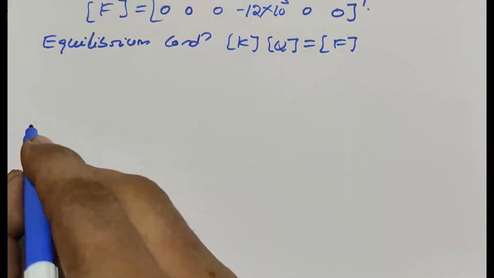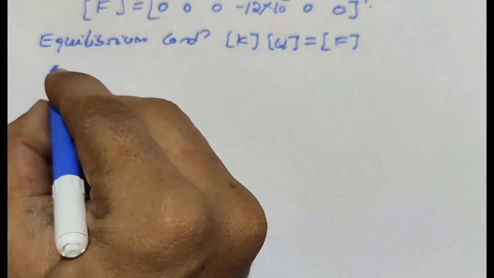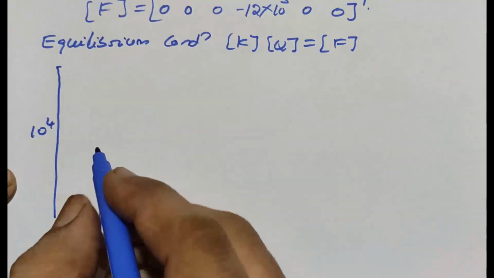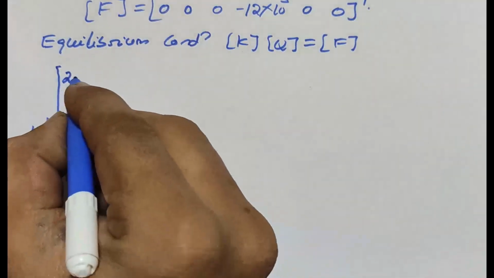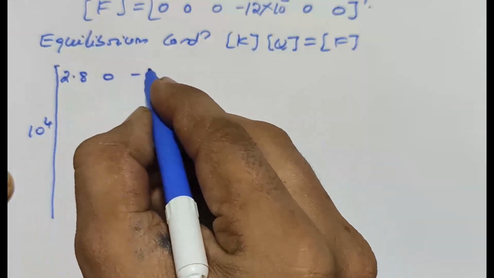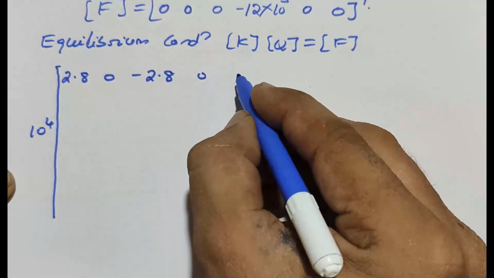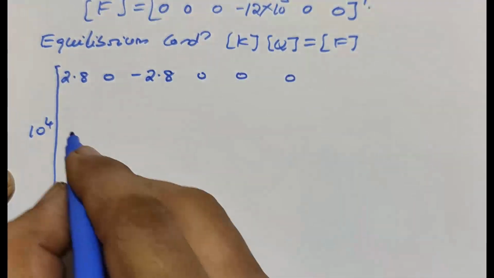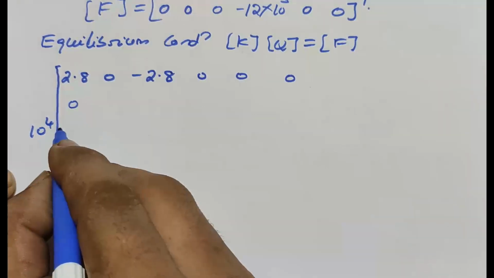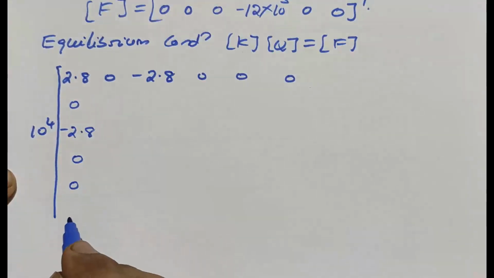K is 10 to the power of 4, 2.8, 0, minus 2.8, 0, 0, 0, 0, minus 2.8, 0, 0, 0.